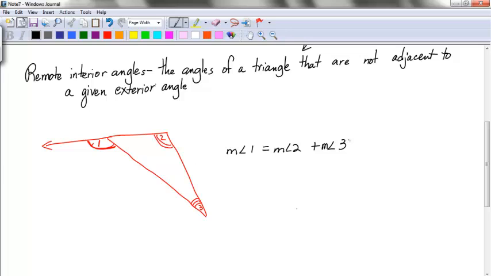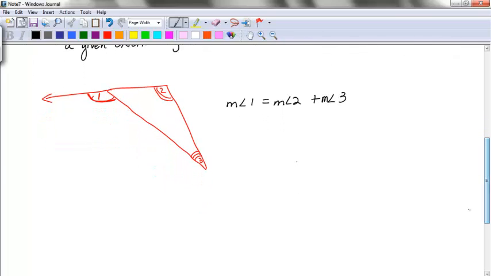So the exterior angle equals the sum of the two remote interior angles. That's another theorem, theorem 4.2, and that's called the exterior angle theorem.